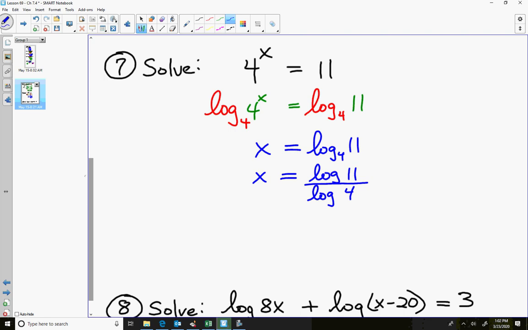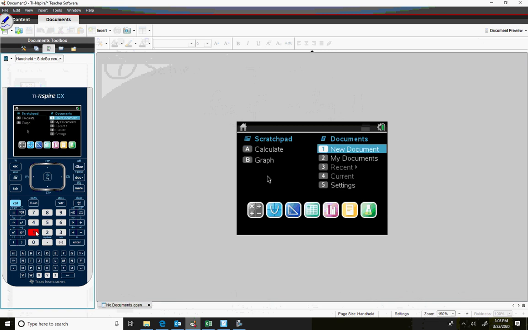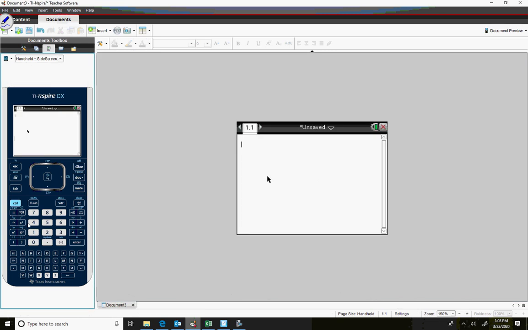And now, reach for the calculator. And I can do log of 11 divided by log of 4.